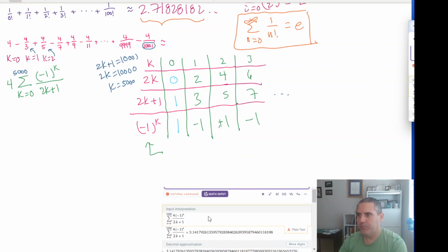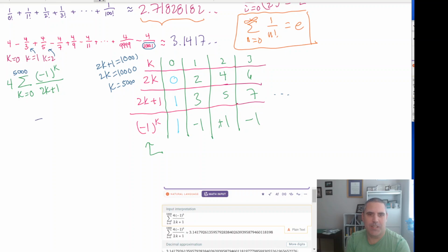What do we get? 3.1417. I've never heard of that number before. 3.1417? Wait a second. That's pretty close to pi. Not that close, but this approaches pi.